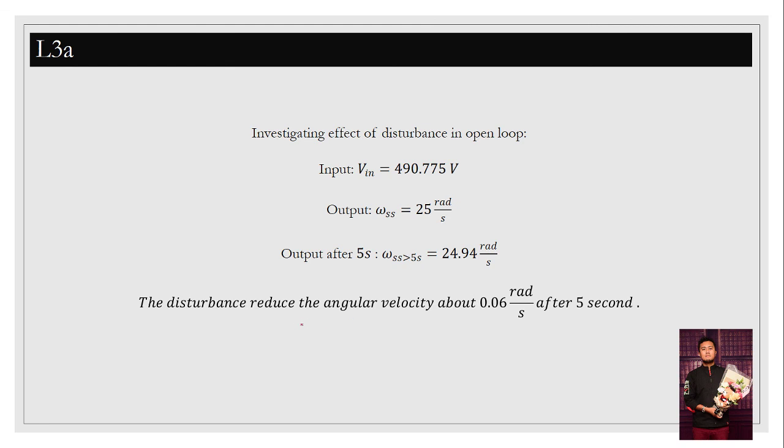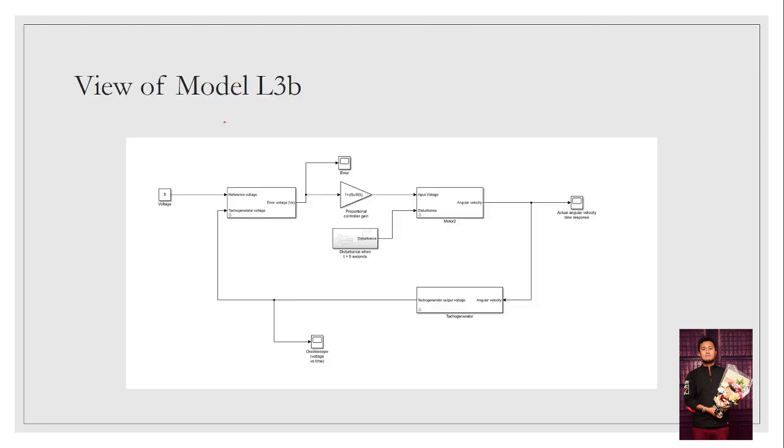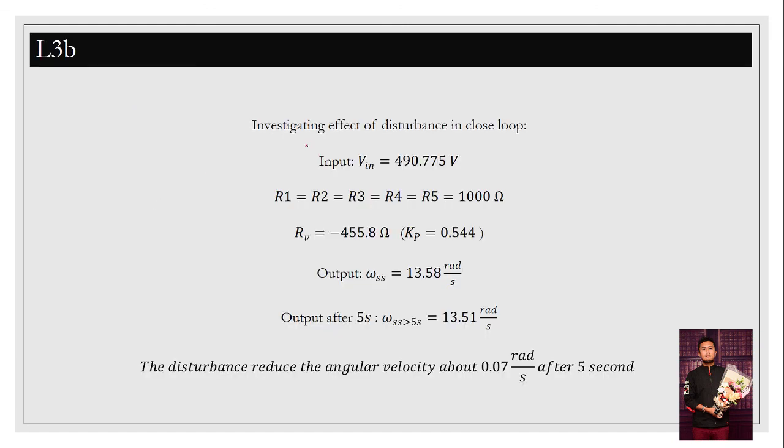Next, we have the model L3B. Model L3B is exactly the same as model L2, but also here we have the disturbance and it starts from 5 seconds. So we are going to input the same voltage we used in the previous model, 490.775, and the value of the resistances 1000 ohms.